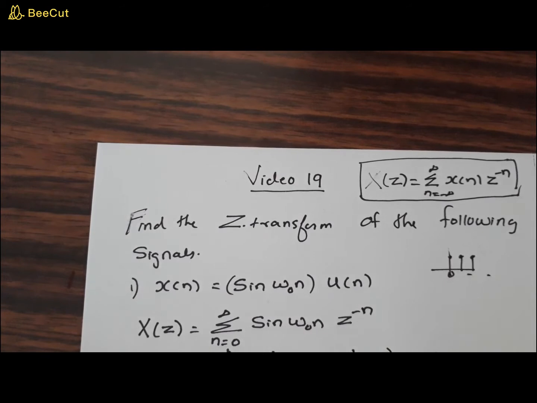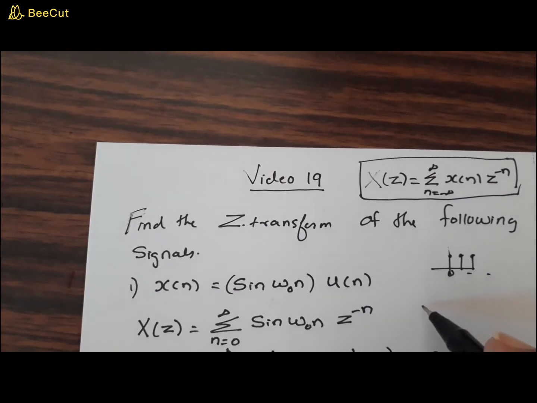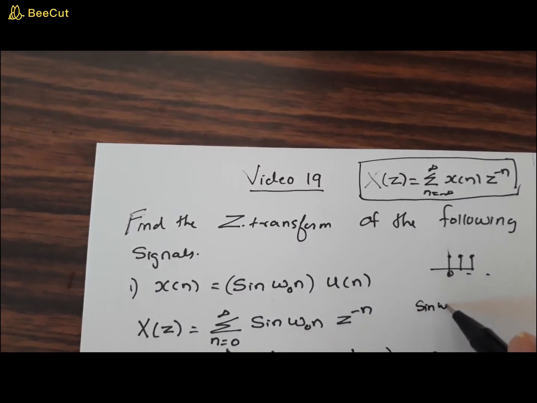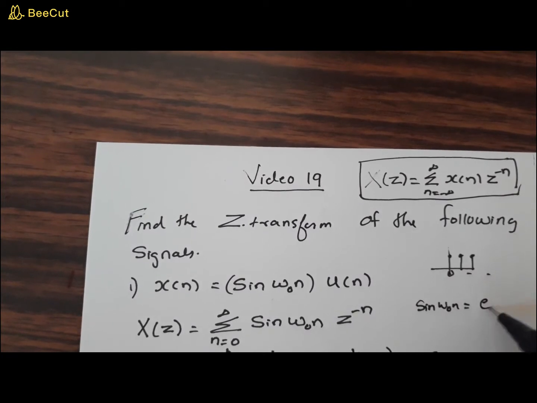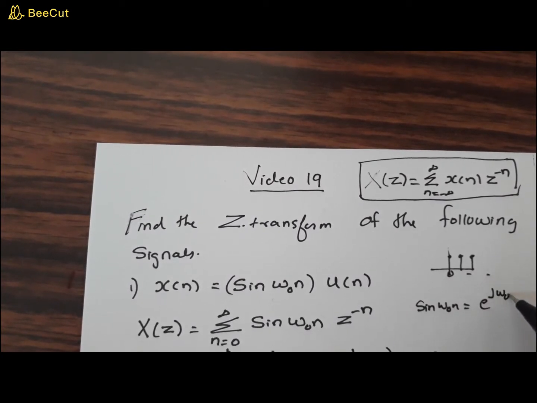Now from this, if you expand, you can write it like this: sine 0 into z raised to minus 0 plus sine omega 0 into z raised to minus 1, and so on. Now you cannot expand this directly. If you express sine omega 0 n in terms of exponential signals by applying Euler's identity, you can write sine omega 0 n as e raised to plus j omega 0 n minus e raised to minus j omega 0 n, by 2j.